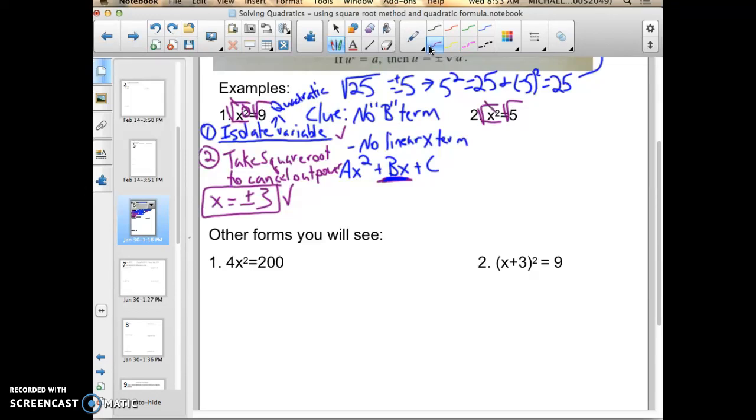So these cancel out, and I'm left with x equals plus and minus the square root of 5. If it's not a perfect square, I have to consider breaking it down to reduce it. But the only factors of 5 are 5 and 1, and there are no pairs there, as in simplifying radicals from the video before. So I just leave it as radical 5. It stays trapped in the radical.